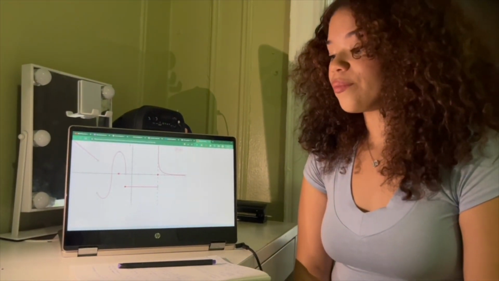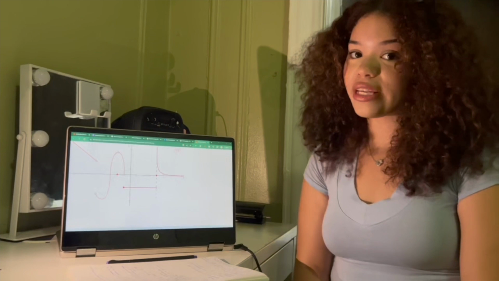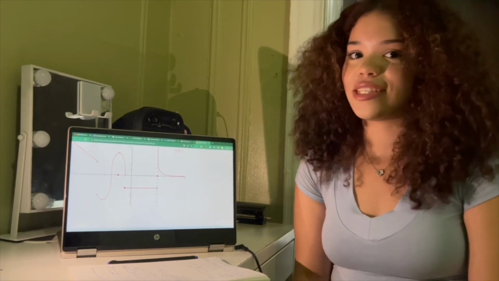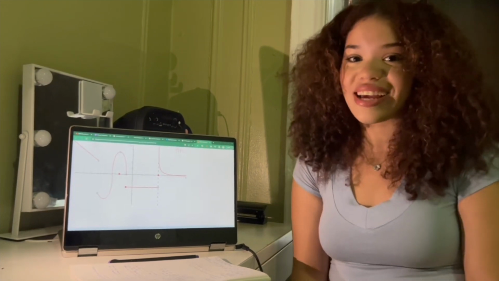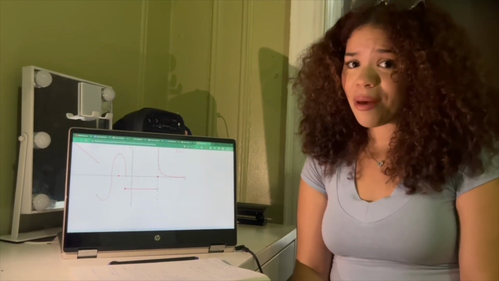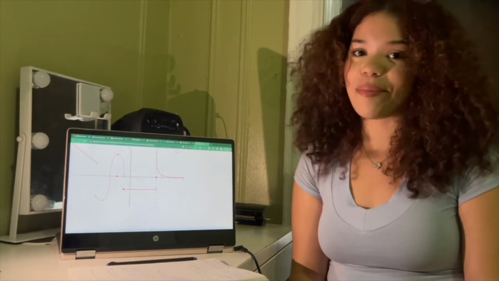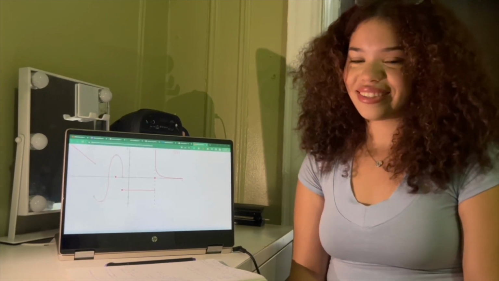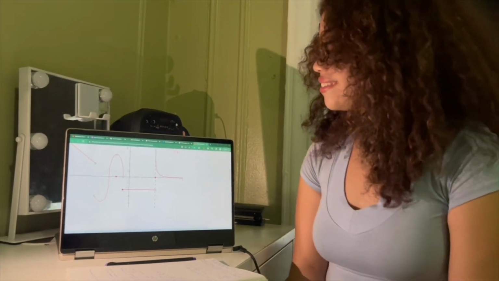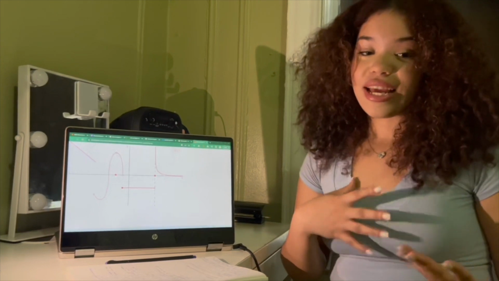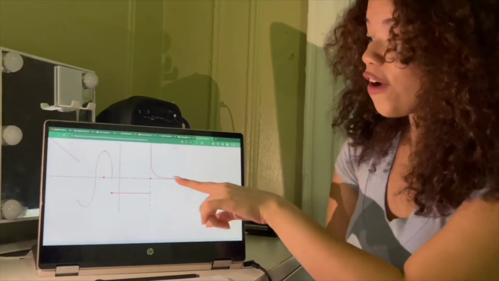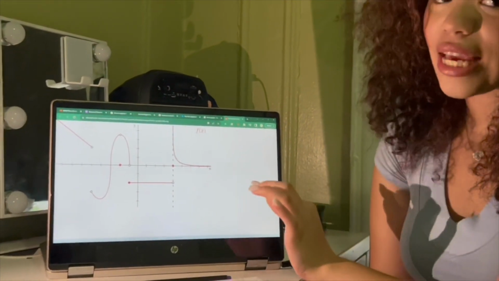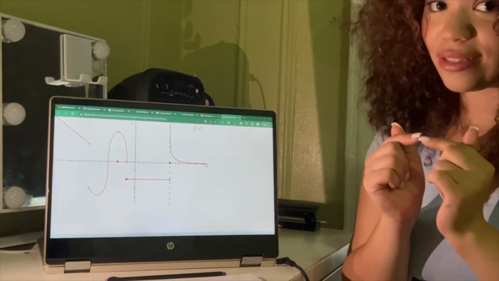Now, you might have heard my friend Katie say, the limit does not exist. And that was super epic because she won the title. But what does that mean? I didn't know what that meant either, so it's okay. Anyways, a limit exists when the function approaches the same point from both sides.